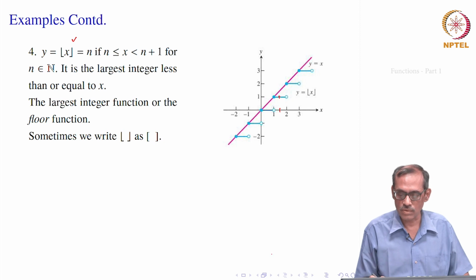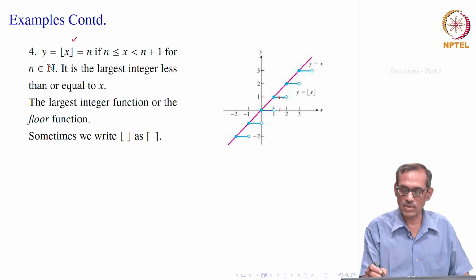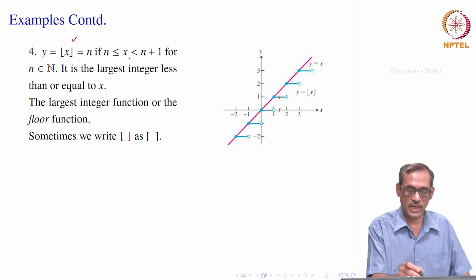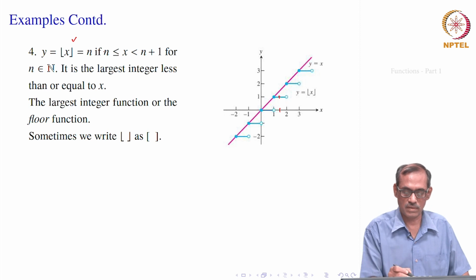At x equal to 2, its value is also 1. Is it so? If x equal to 2, this is not applicable, but n becomes 2 now. Its value goes to the other side, because y becomes equal to 2. At 2 it is 2. Look at this solid dot, which means that point is included.